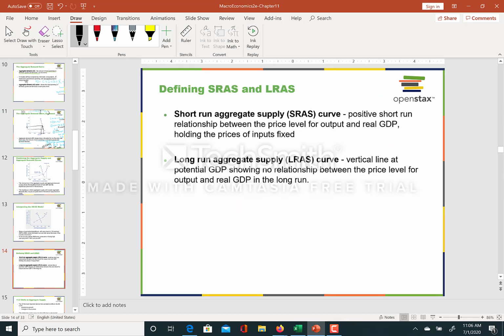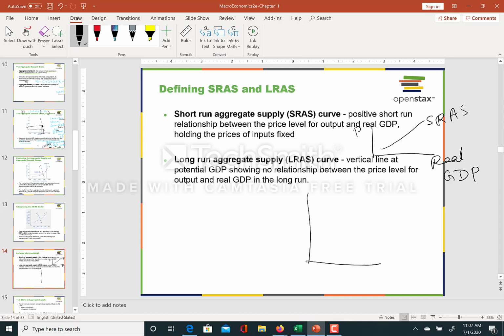Now let's look at short-run aggregate supply and long-run aggregate supply. This is how the short-run aggregate supply curve will look, and it has a positive slope. This tells us price is positively related to real gross domestic product. When price increases, the aggregate supply increases.